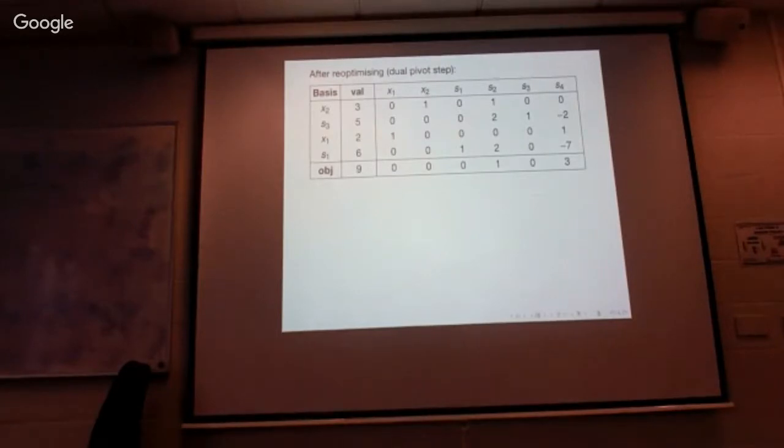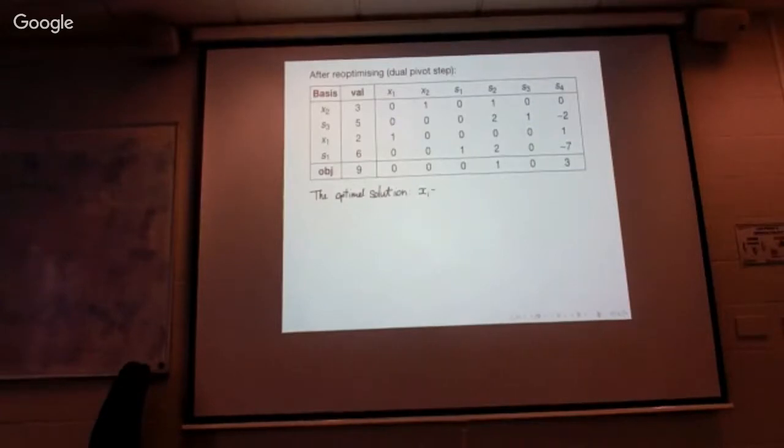That look good? That does look good because now we found the optimal solution. An optimal solution. We don't know if there are any other ones, but one of them is this one. So x1 is 2, and x2 is 3, and the objective is 9, and the problem has been solved.